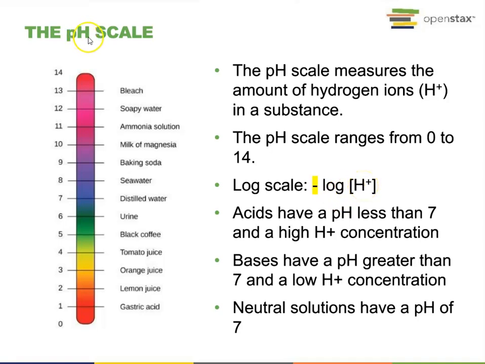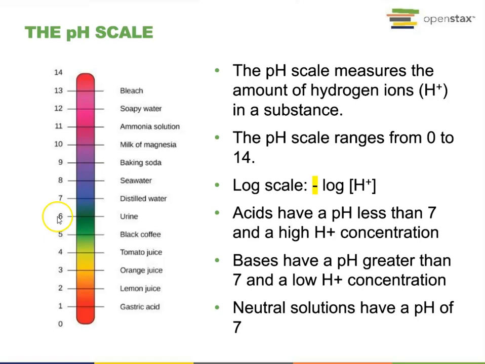The pH scale ranges from 0 to 14. 7 is neutral. If the pH is 7, this means the concentration of hydrogen ions is equal to the concentration of hydroxide ions in that solution. If the hydrogen ion concentration is higher than the hydroxide ion concentration, the pH will go below 7.